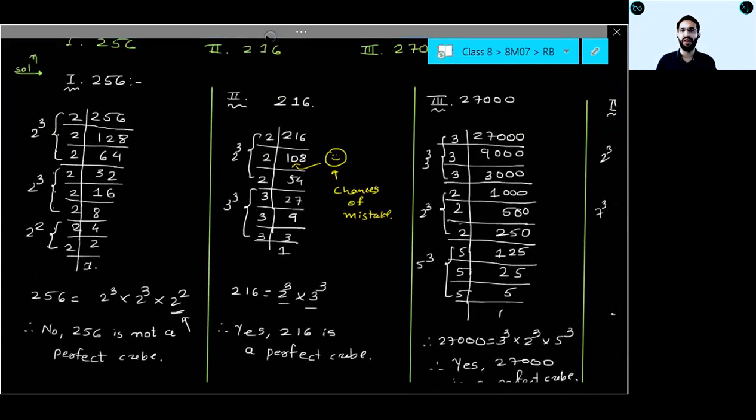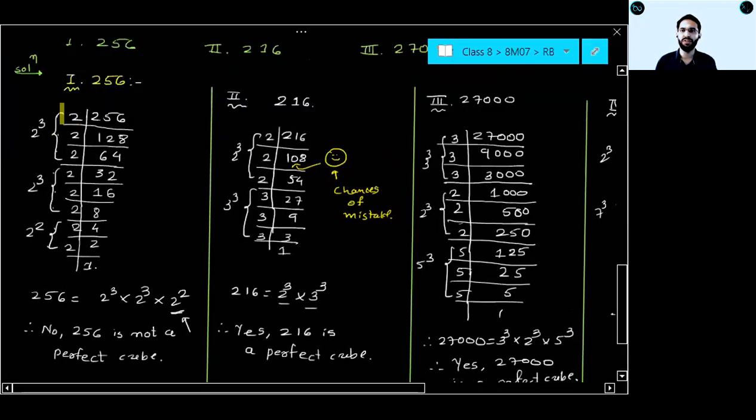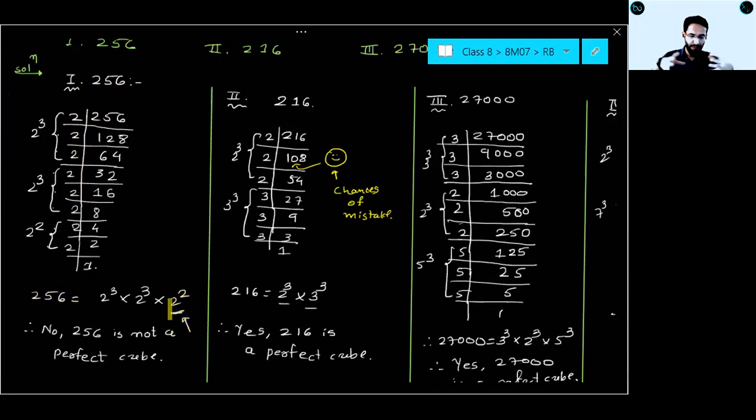When we were finding the prime factors of 256, observe this. Here, this 2 square is an unpaired number or not? What is the meaning of a paired number in terms of cube? A paired number in terms of cube means it should be a group of 3, because a into a into a is called a cube.